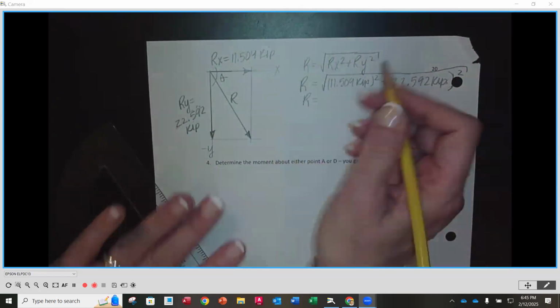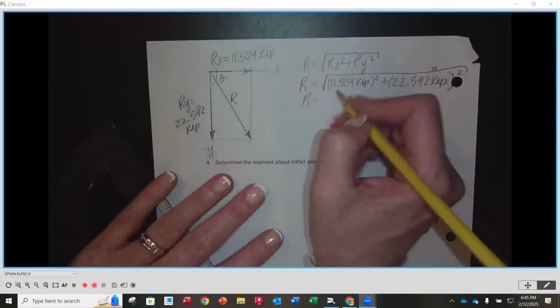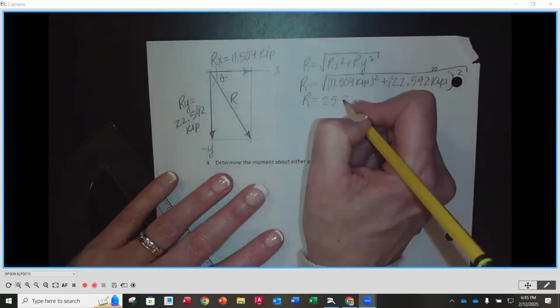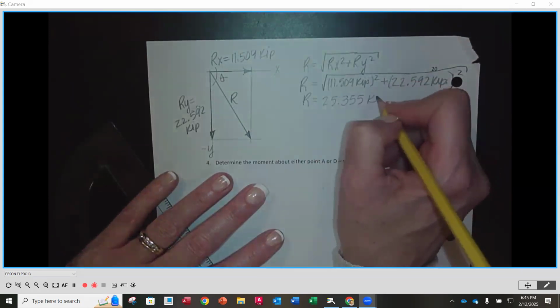So my resultant is going to be 25.355 kips.